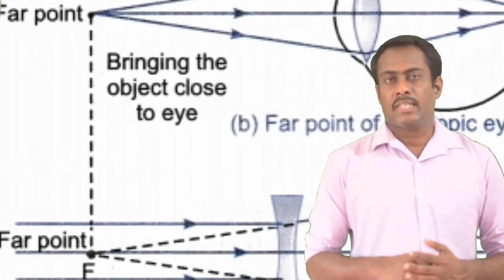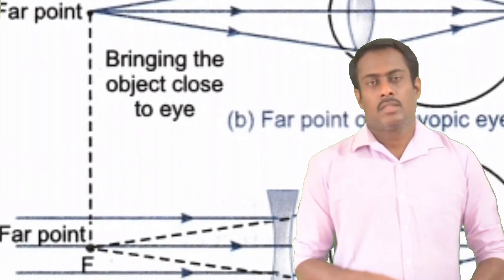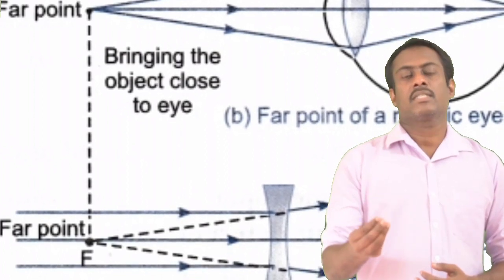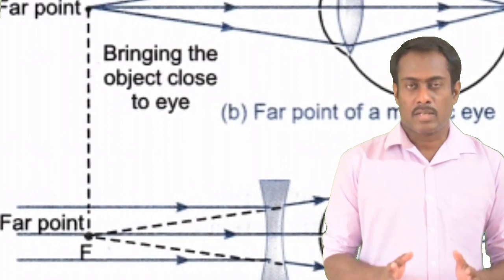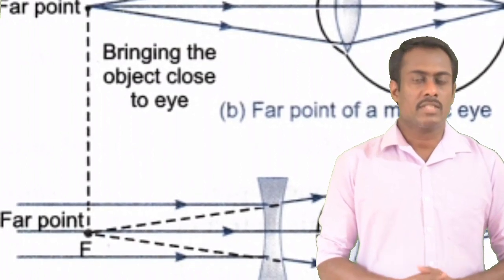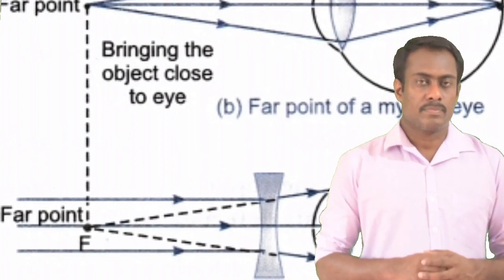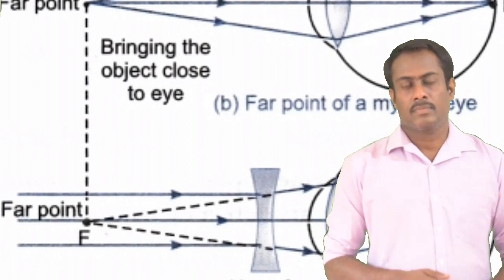A person with this defect has the far point nearer than infinity. Such a person can see objects only a few meters away from him. That means the person cannot see far away objects clearly. This is generally due to the elongation of the eyeball or excessive curvature of the eye lens.